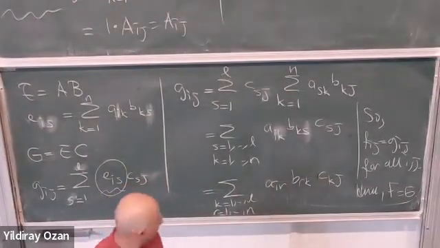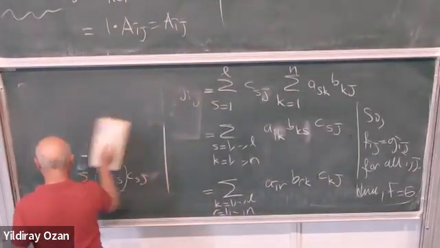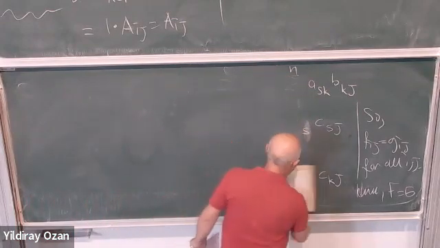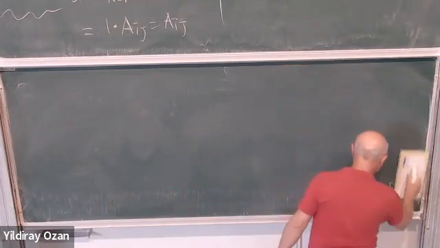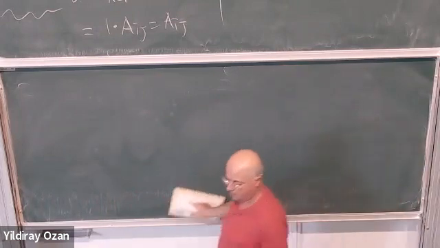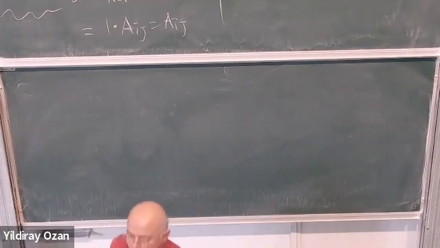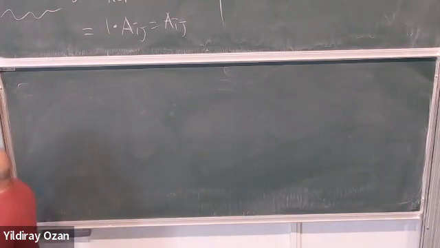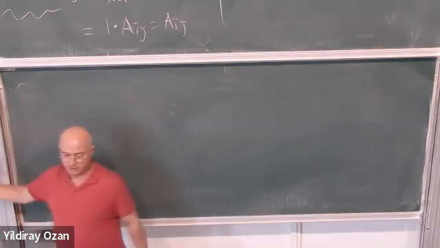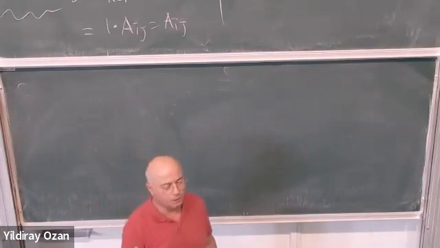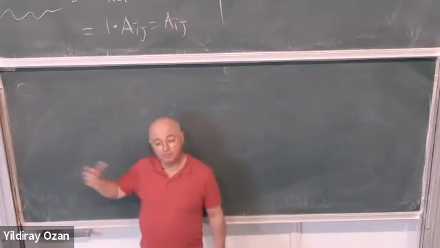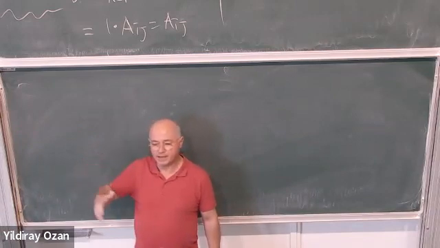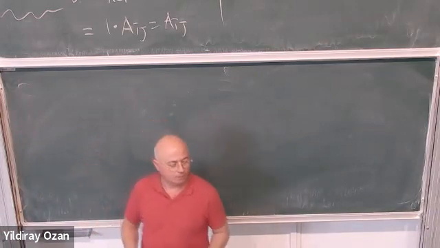All right. How many identity elements can we have? Well, this is an identity element. But you can ask the following question: is there any other matrix having the same property, that it acts like identity? Right?